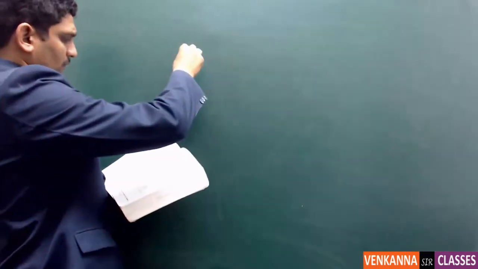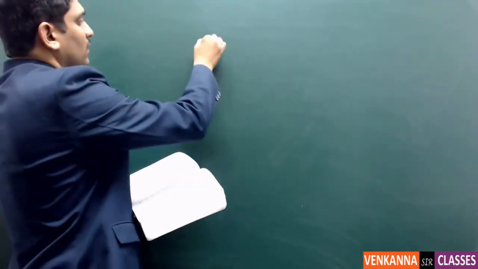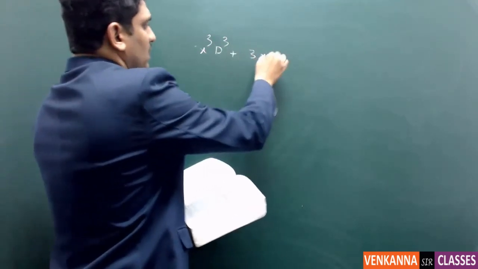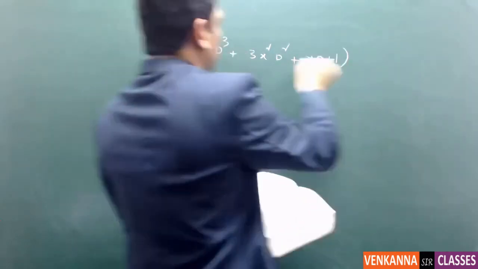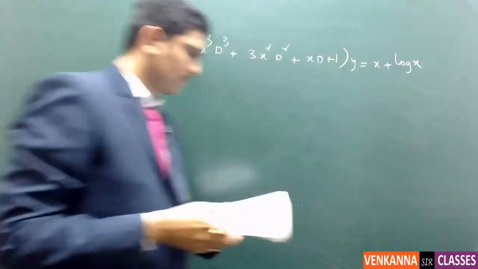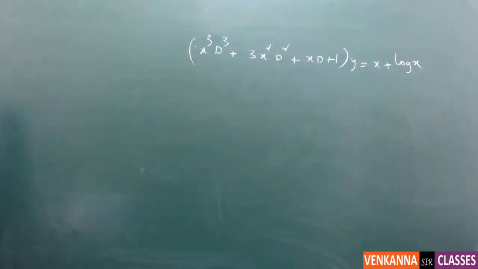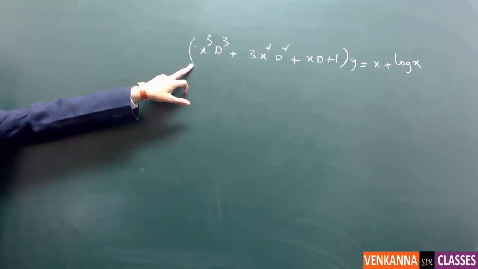So the problem is (x cube D cube plus 3x square D square plus xD plus 1) of y is equal to x plus log x. So I ask you to substitute the respective values. Will it satisfy the criteria of Cauchy-Euler, since the power of D and power of x both coincide?